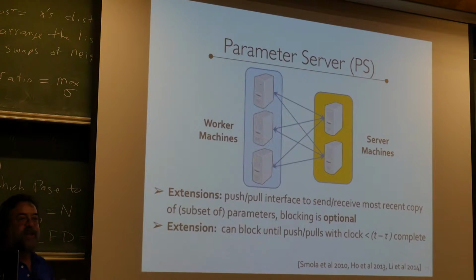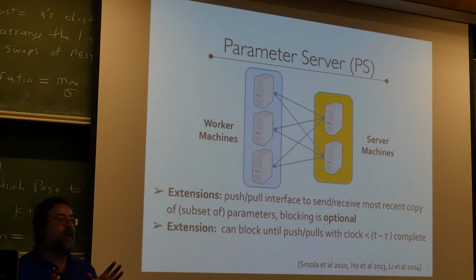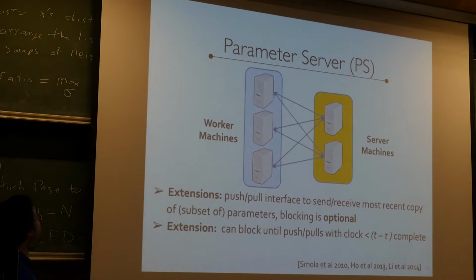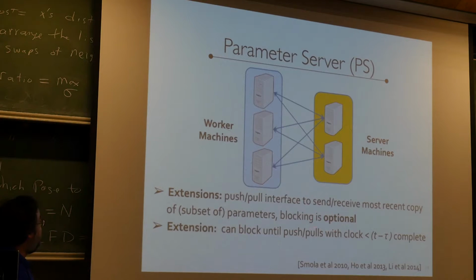We saw in the math it's kind of okay to let multiple machine learning processes, in the case of stochastic gradient descent, diverge a little bit. It's okay for them to work on slightly different values of the parameters. But you pay a penalty as the parameter values get staler and staler. So you can put some parameter in here, tau, which tells you how stale you're willing to let the parameters get. And that can be implemented in terms of these push-pulls.